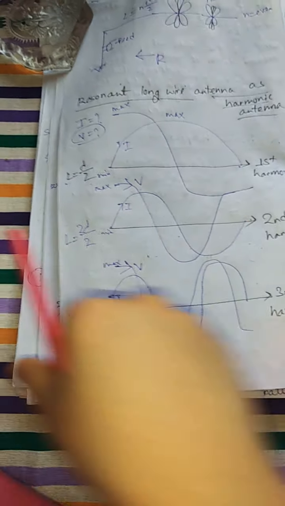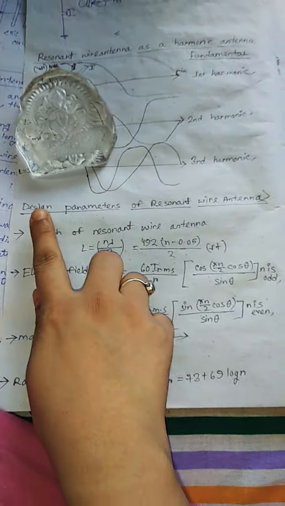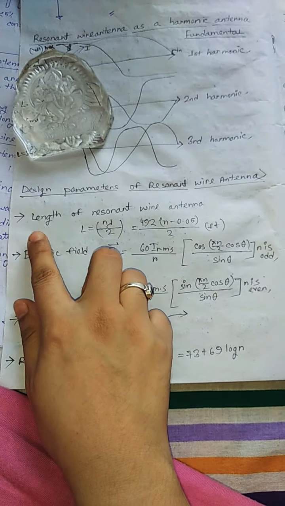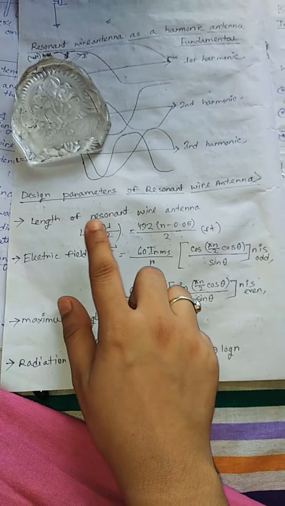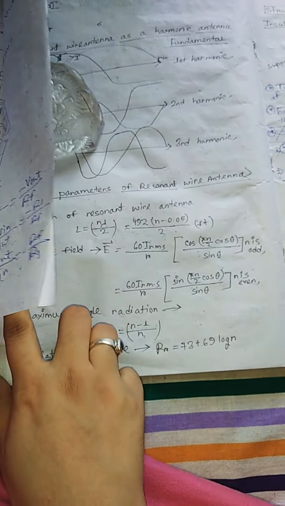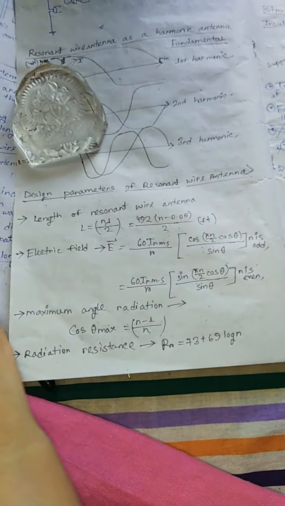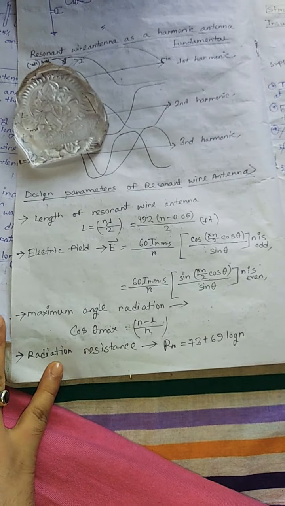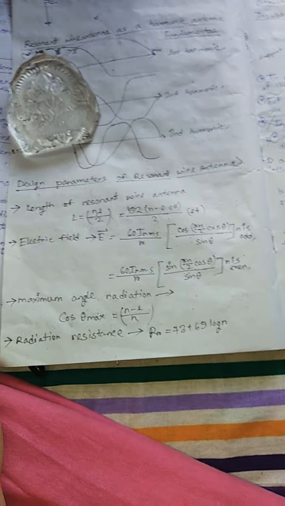The last point is some important design parameters for the resonant wave antenna. The length of the resonant wave antenna is L equal to n lambda by 2, and this is the formula. Then the electric field, maximum angle of radiation, and radiation resistance each have a formula.